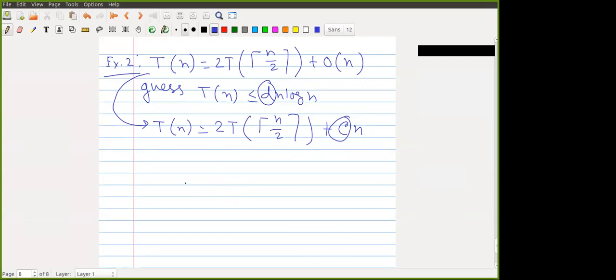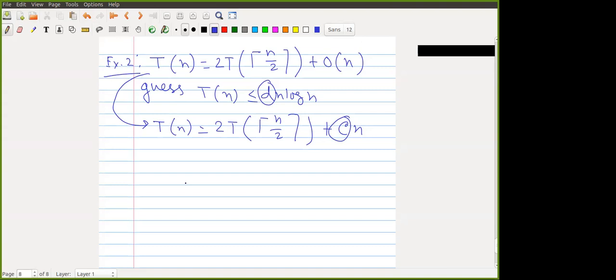It turns out that since we are considering asymptotics, this +1 -1 doesn't matter. Also, whether n is odd or even, it doesn't matter.